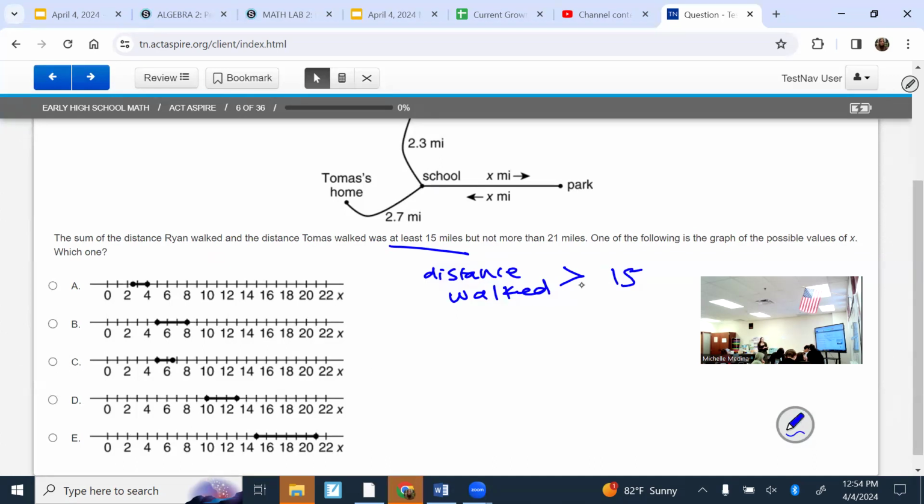Yeah. If I said it has to be at least 15 miles, it can be 15 exactly, so I'm gonna use the one with the little line underneath. Then it says that it can be not more than 21 miles. So if it can't be more than 21 miles, can I use this symbol here?